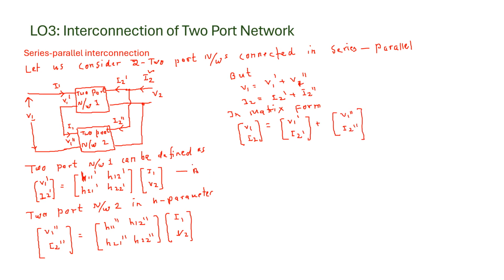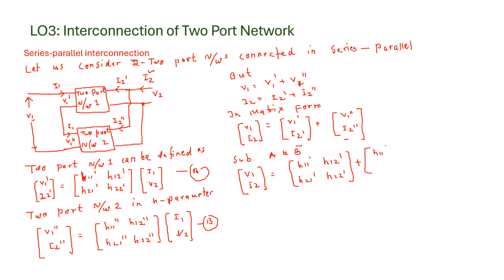Now let this equation be A, this equation be B. Now substituting for this vector and this vector from A and B, we get V1, I2 equal to the matrix h11 dash, h12 dash, h21 dash, h22 dash plus the matrix h11 double dash, h12 double dash, h21 double dash, h22 double dash, and I can take a common term over here, that is I1 and V2.